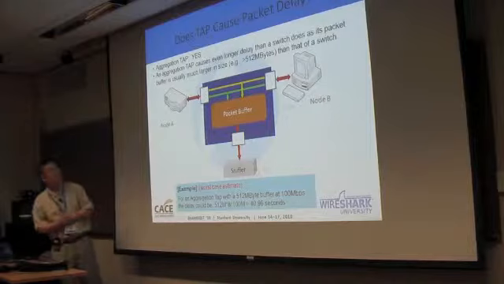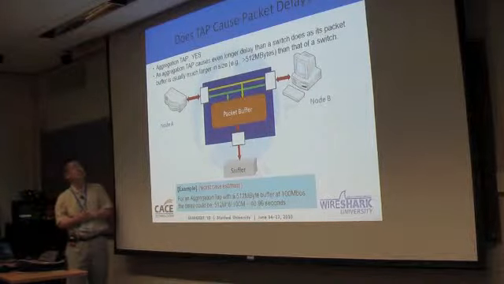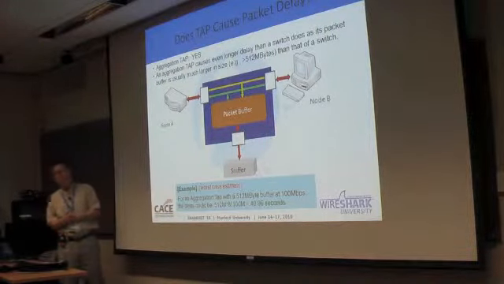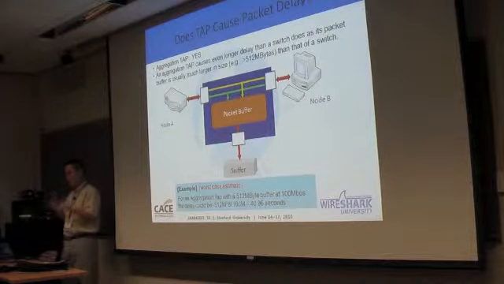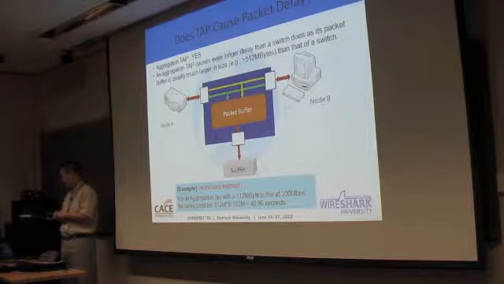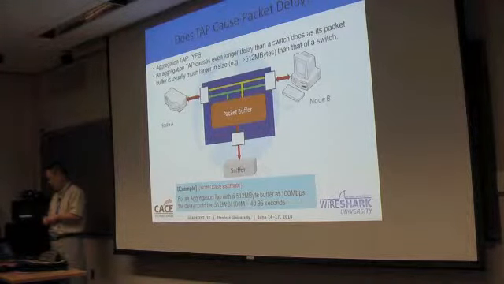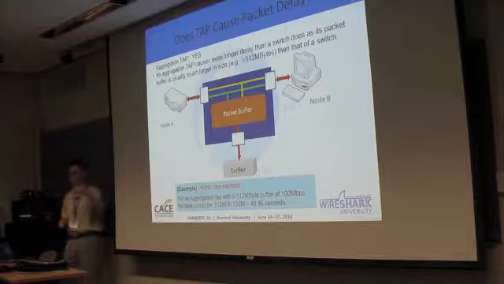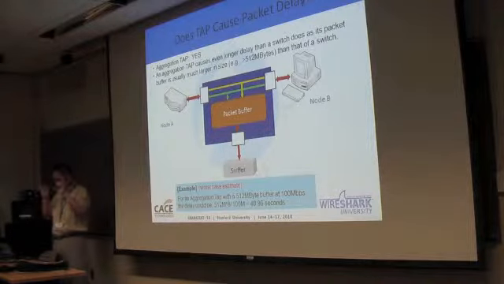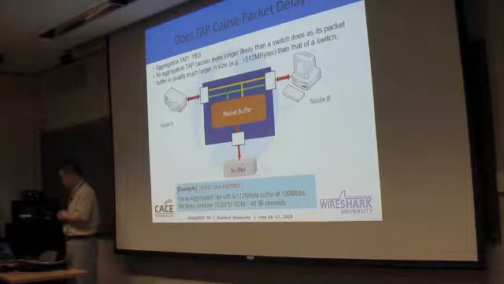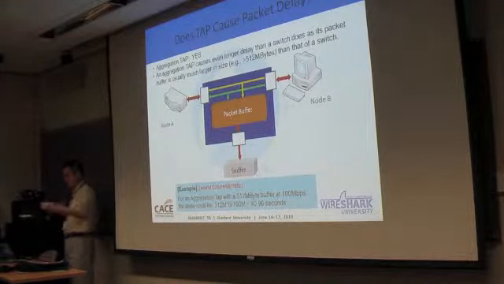Okay, then the next slide. I'm trying to show here: does TAP cause a packet delay? Again, the legacy TAP has two separate TAP ports, and I can say there is no packet delay because you have two ports and you don't have the packet buffer in between.